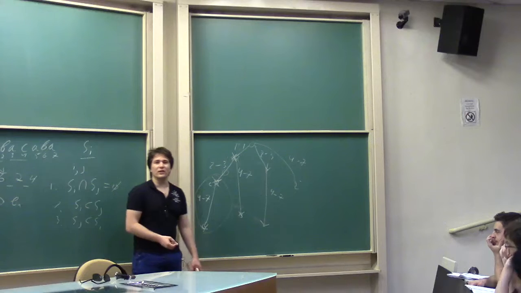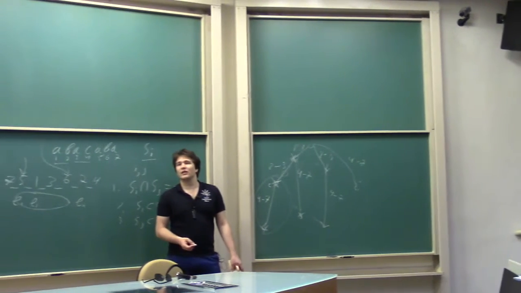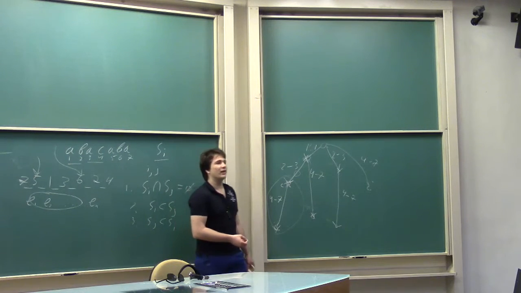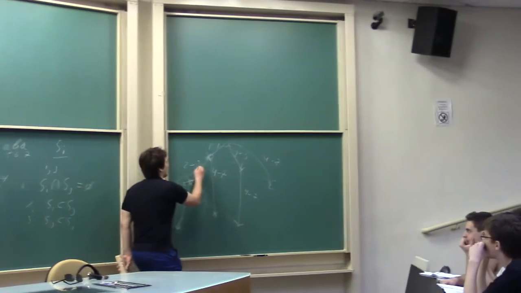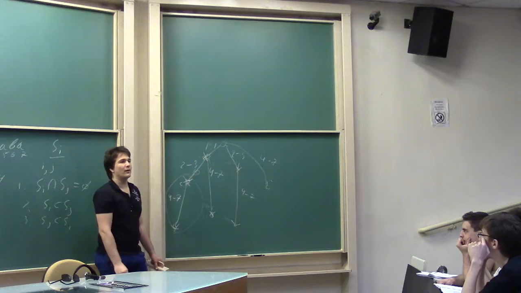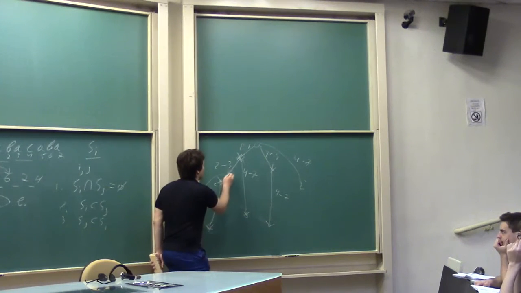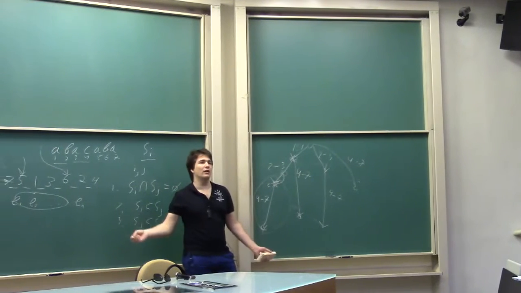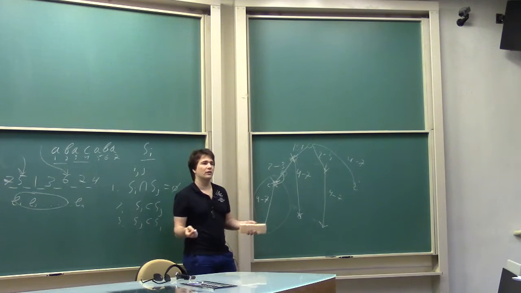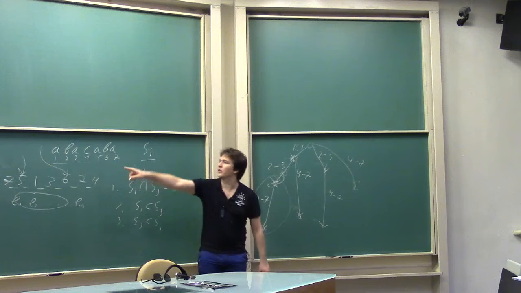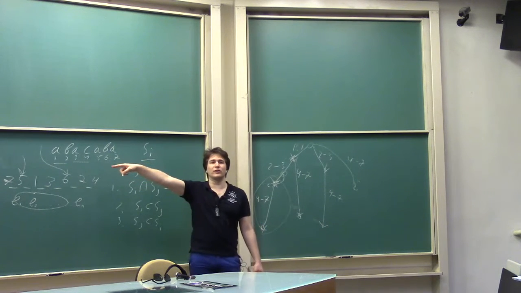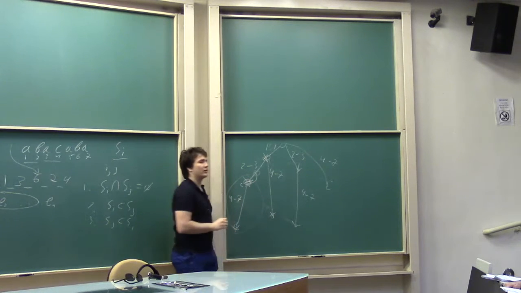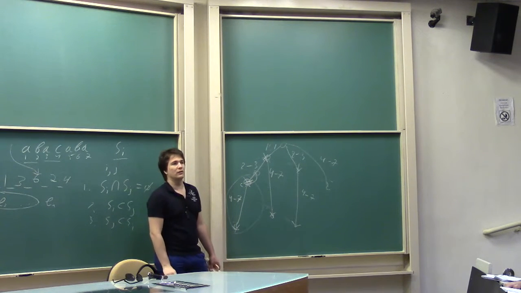Second observation is, of course, it doesn't make sense to take a string that ends somewhere on the edge, because there is some other string that has exactly the same occurrences but is larger. So why not take the larger one if the number of occurrences won't change? So we only take strings that end in the nodes of the suffix tree.